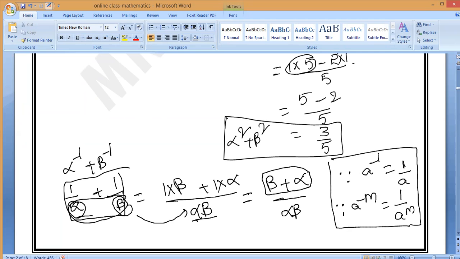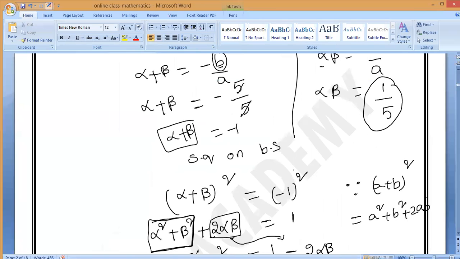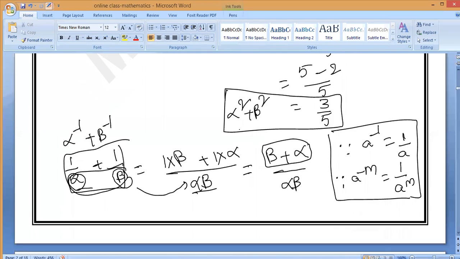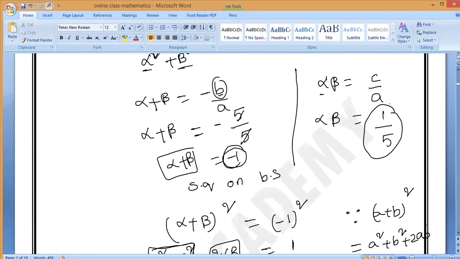Alpha plus beta is minus 1. Instead of alpha plus beta, we substitute minus 1, and alpha into beta is 1 by 5.